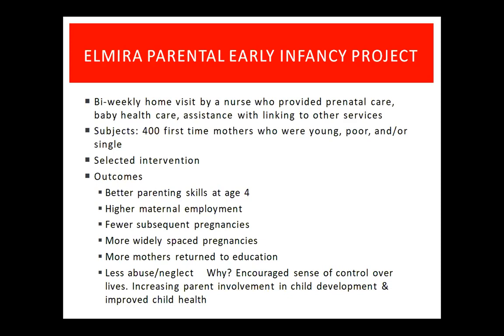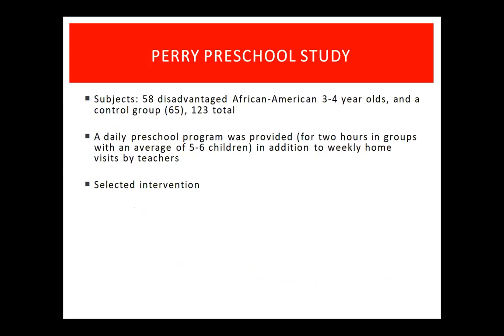Many of them returned to education and there was less abuse and neglect, because they encouraged these women to have a sense of control over their lives and their future fertility. They increased their involvement in their child development and improved the health of their children. But note in this one, they targeted the mums and not the children. So working with the mums had that flow-on effect for the children.